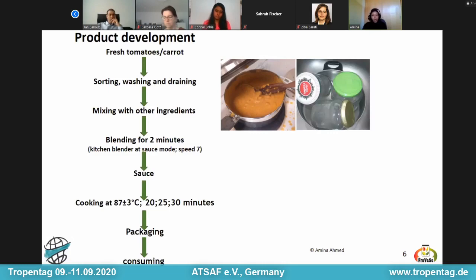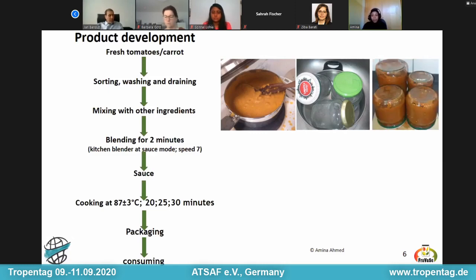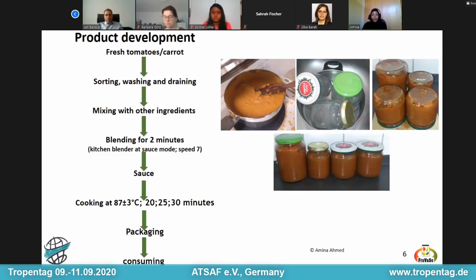So the sauce can also be packed in glass, as we are concerned about the environmental pollution of these plastics. They cause much flooding in the environment. So we also had the alternative, what if we introduce these glasses and then we can pack, and then it maybe can be stored and consumed later.